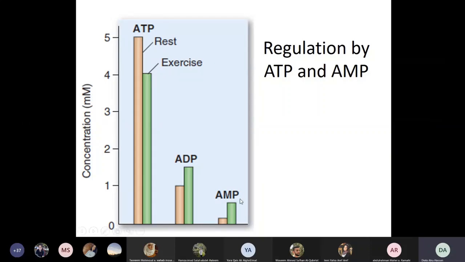Whenever we have a higher concentration of AMP, there would actually be activation of the enzyme because it reflects a low energy state.